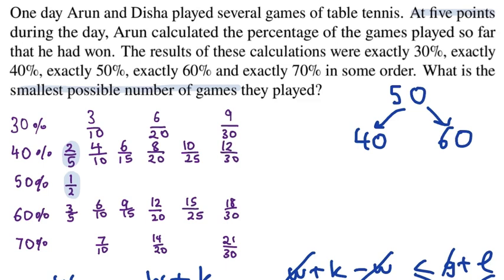If we think about 50 to 40, say, we took a half to 2/5. So we're saying 1 win out of 2 games, 2 wins out of 5 games. Is that possible? Well, yes, because we've won 1 game in 3 games' time. So that is possible.